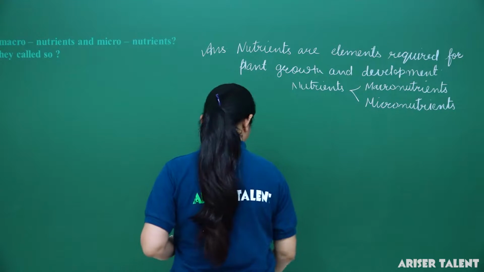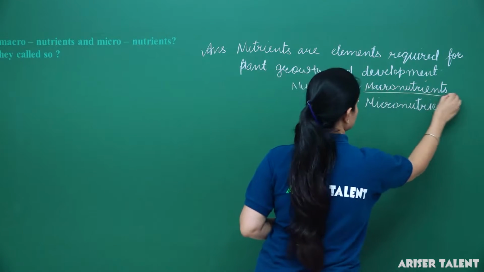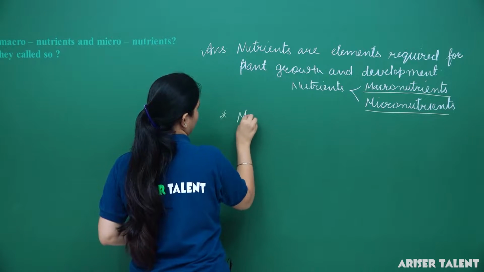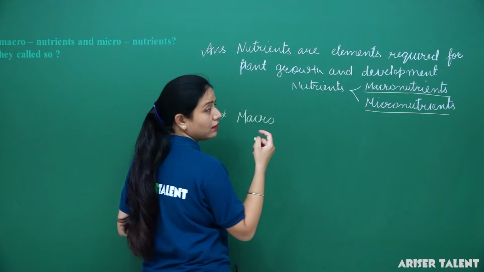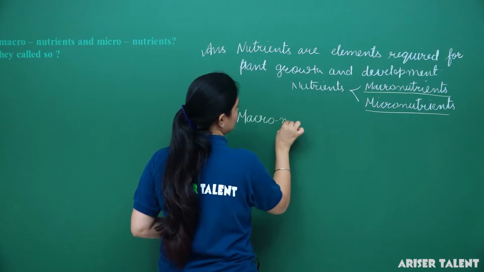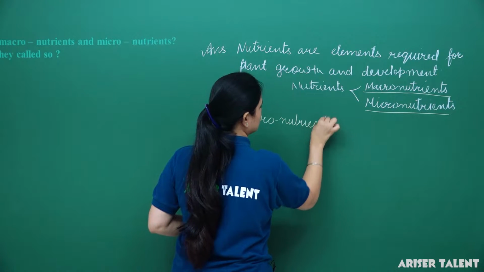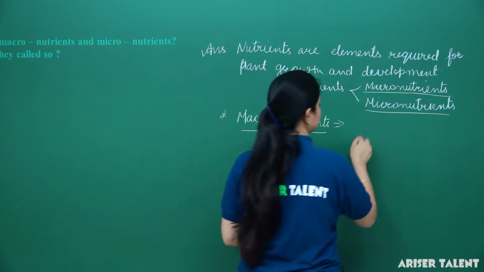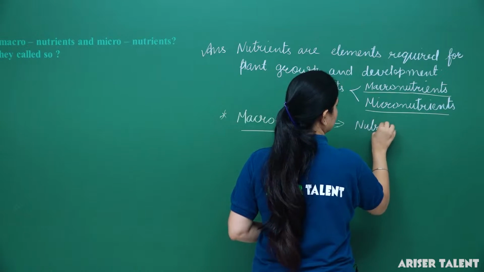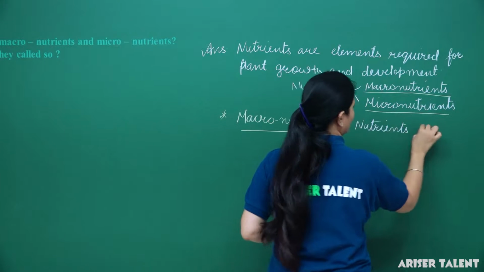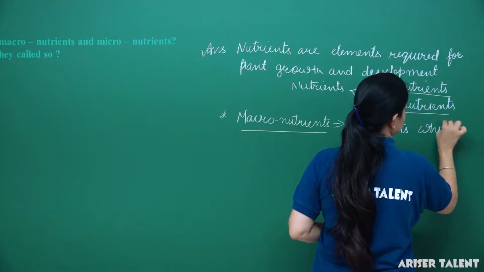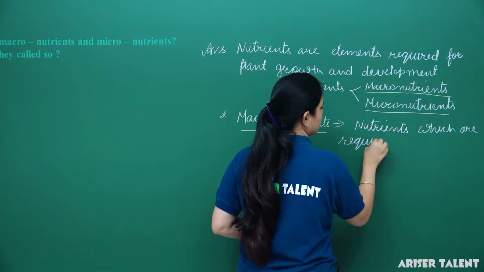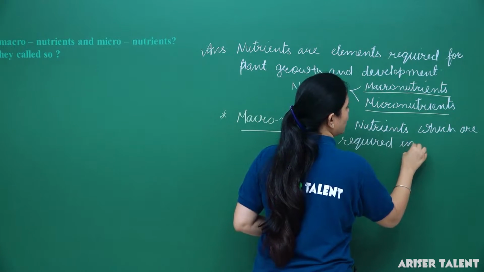Now, what are macronutrients? First of all, we will talk about macronutrients. Here we are asked about macronutrients and micronutrients. So, macronutrients are nutrients which are required in large quantity.